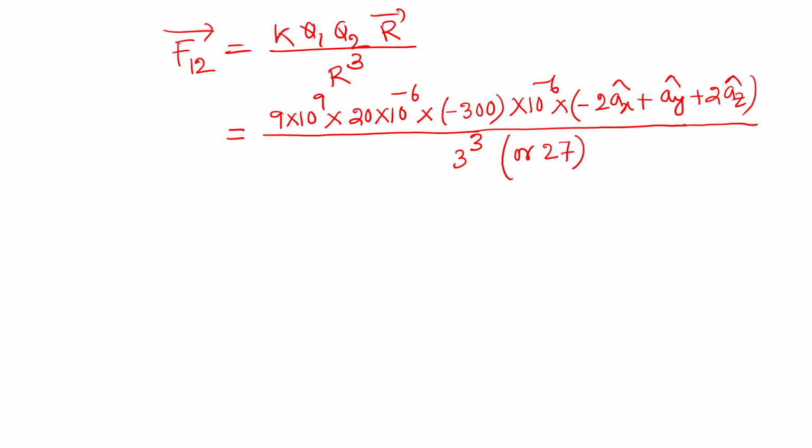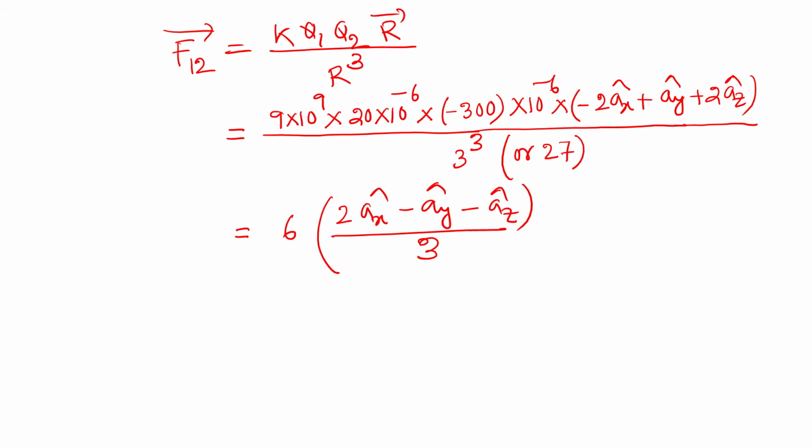Okay, then if we do a little bit of simplification, after that we can get our final expression as 6 into 2ax minus ay minus az whole divided by 3, and the unit of force, as all of you know, is Newton.